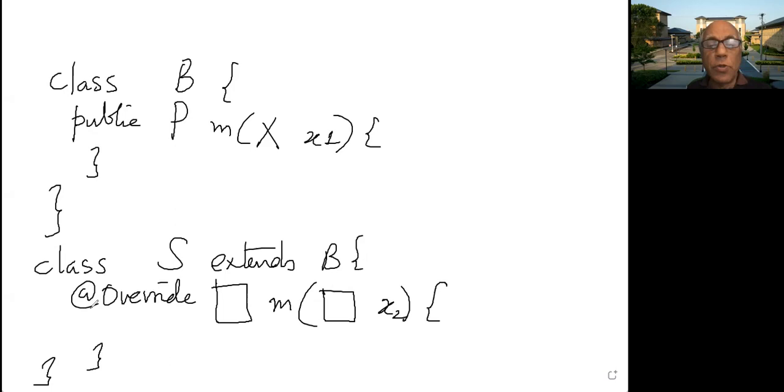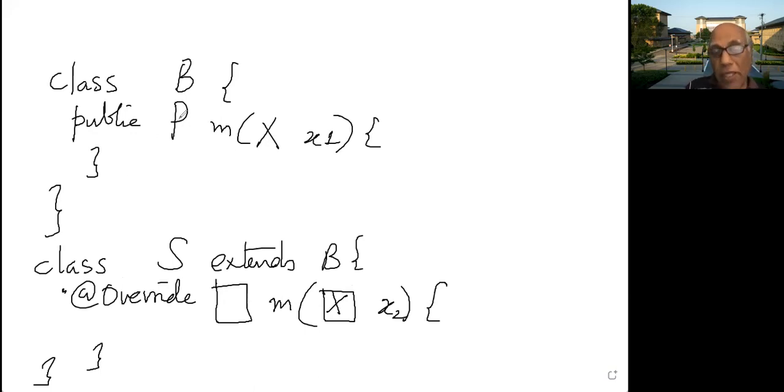Assuming that I wanted to override this method, I need to put a return type. Of course, the method name is going to be m, as you know. This parameter is of type X. What can I put for a parameter here? Well, in Java, the rule is this. If you put X here, you have to put X here. There is no choice. If you're overriding, the parameters have to have exactly the same type.